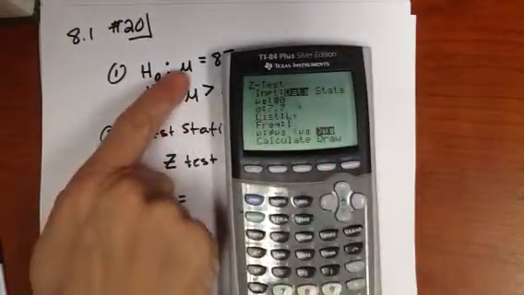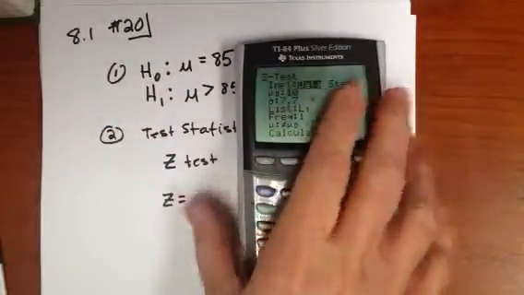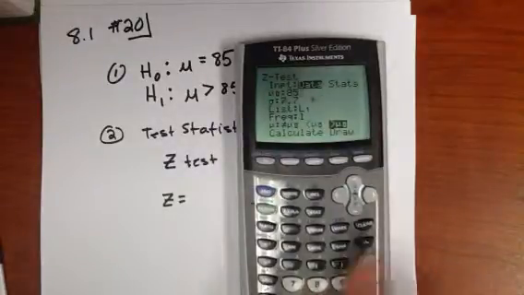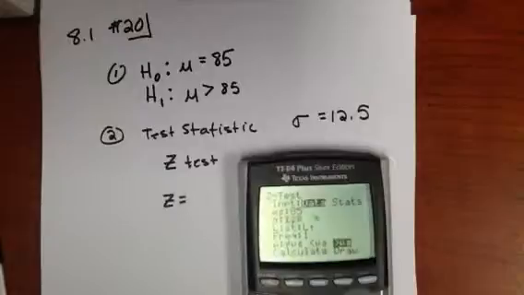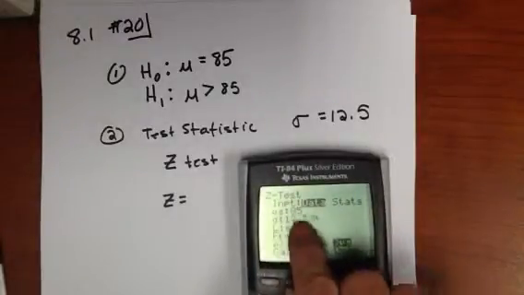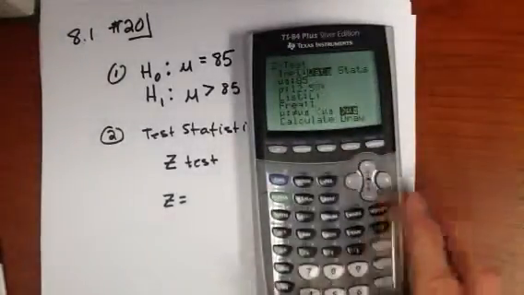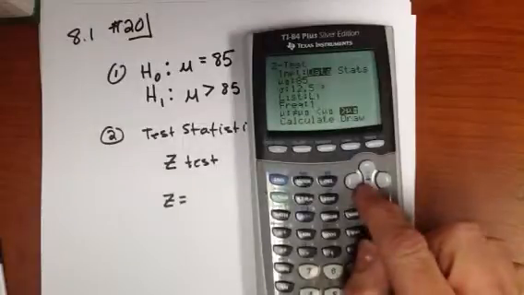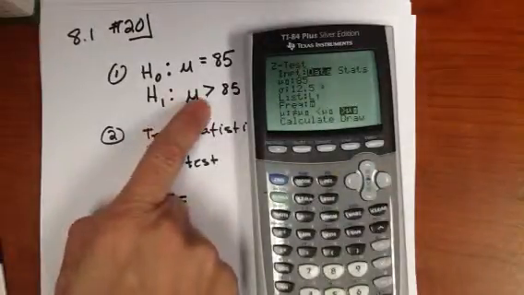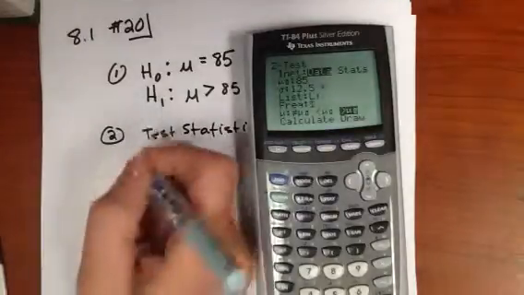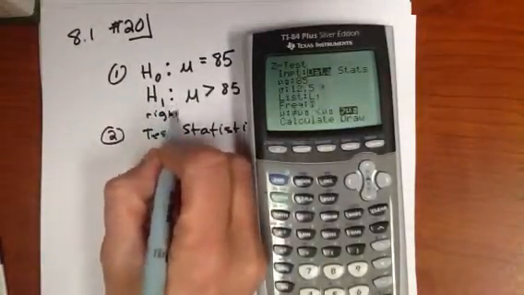My mu naught is what I'm assuming to be true in the null, which is 85. My standard deviation the problem gave us was 12.5. Again, that's the population standard deviation. My data is in L1. Frequency remains 1. Now my alternative is greater than. And remember, this is determined to be a right-tailed test.